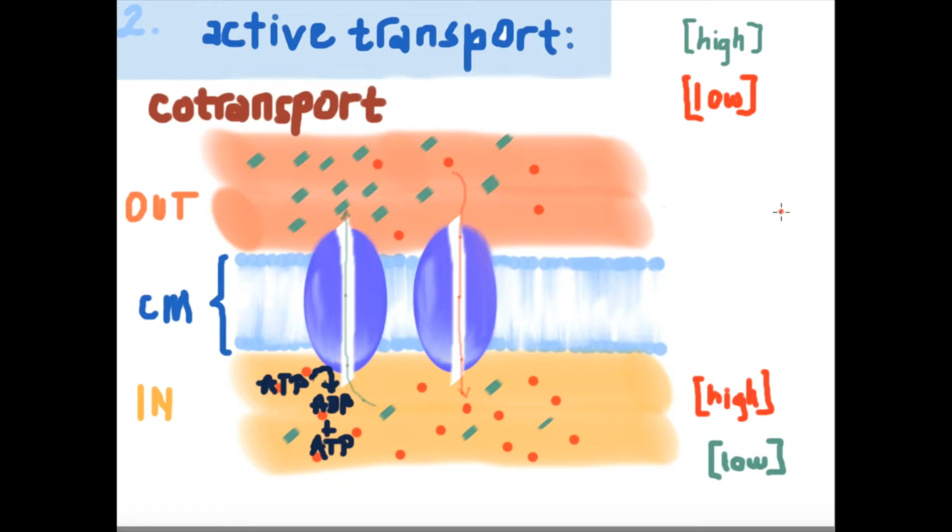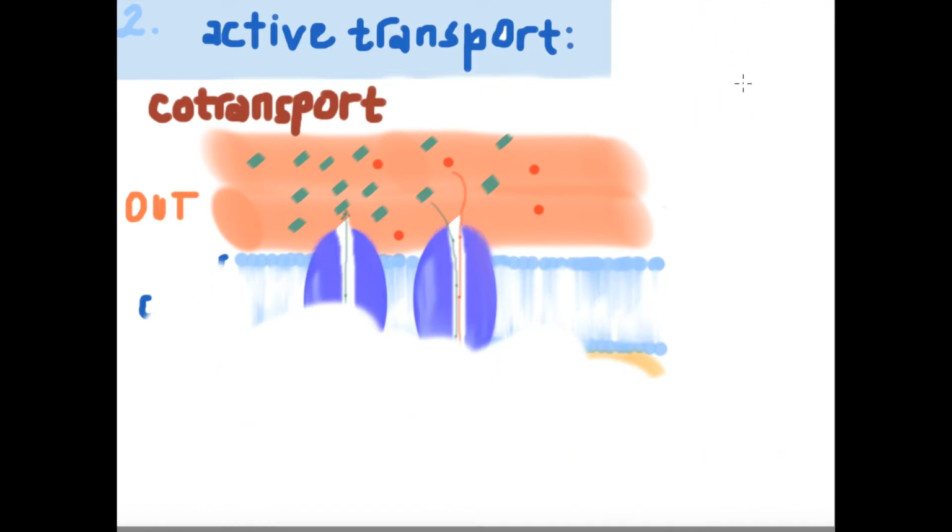So now, because there's an even more concentrated gradient for the green molecules, the green molecule will go inside the cell, to the lower concentration, and that actually ends up releasing energy. And in the process, it makes it possible for the red molecule to also go in through that symport transport protein, and it powers that red molecule to go against its concentration gradient.